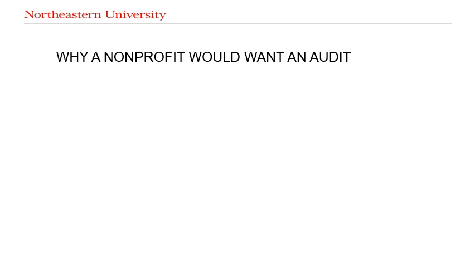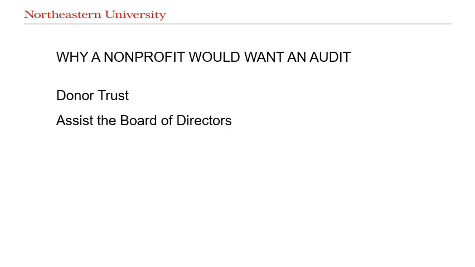Now, why would a nonprofit choose to have an audit, or why is an audit a good thing to have done regularly? A successful audit will be very important for maintaining the donor trust so that your donors, corporate, foundation, individuals can look at the audit and feel confident that this is a well-run establishment.